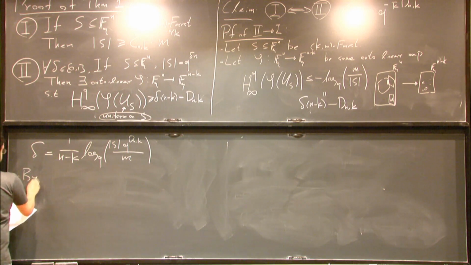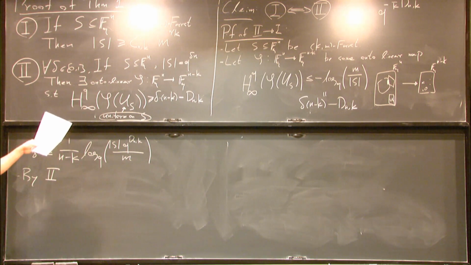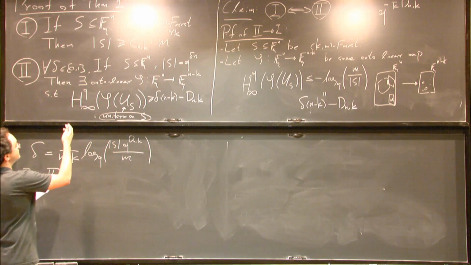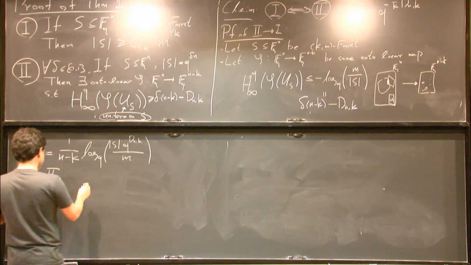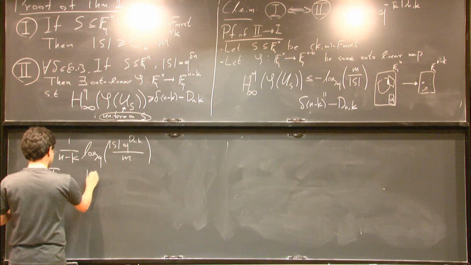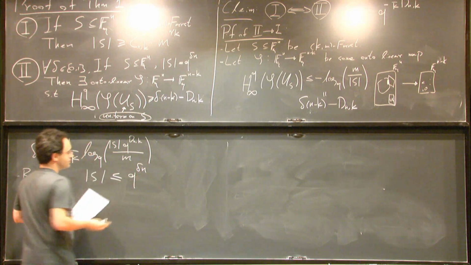Because we're assuming 2 holds, and we have an upper bound on the mean entropy, it gives an upper bound on S. So by 2, we know that S has to be at most q to the delta n. Why?